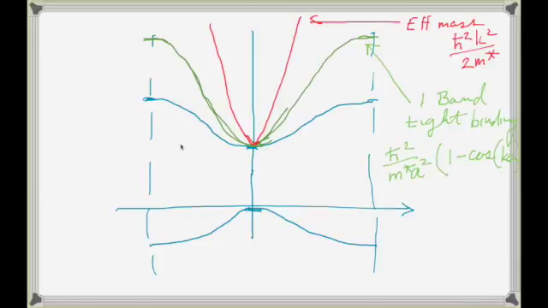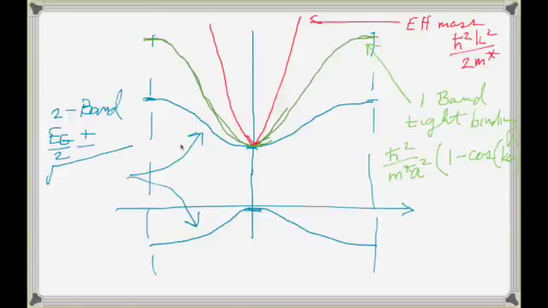And finally, our two-band model, Eg over 2 plus or minus the square root of that squared plus 4t squared sine squared ka over 2.